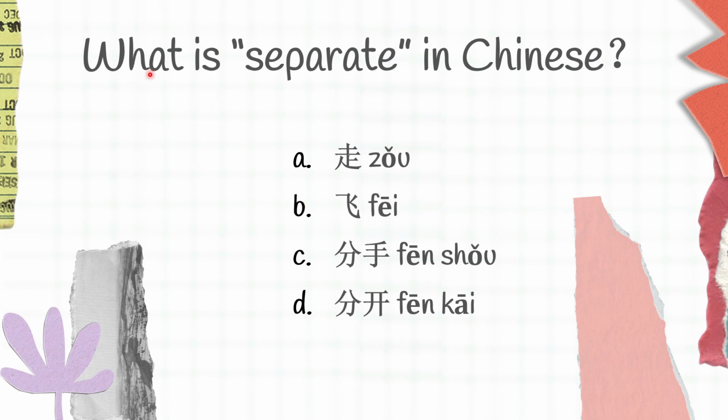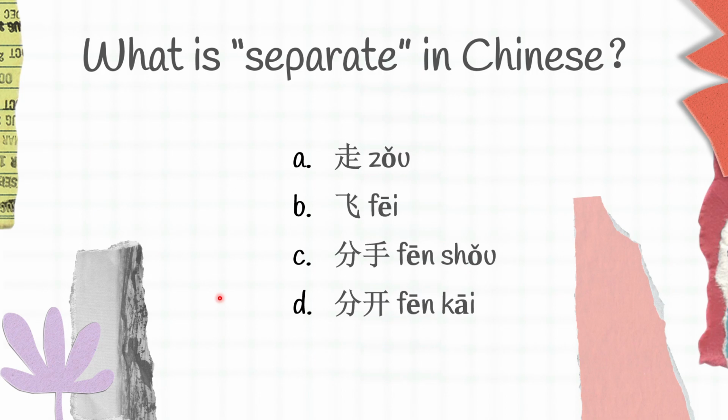Moving on to the next one. What is separate in Chinese? We have A, 走, B, 飞, C, 分手, and D, 分开.